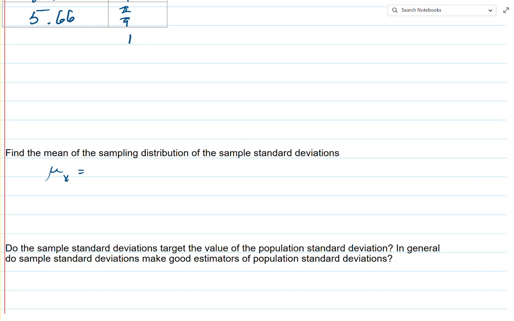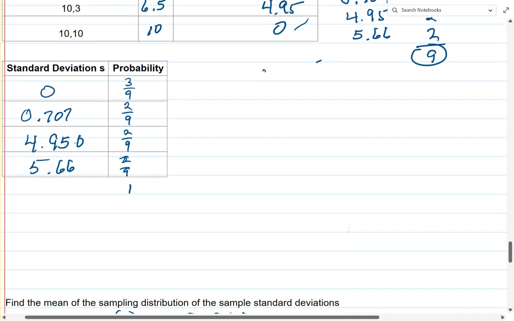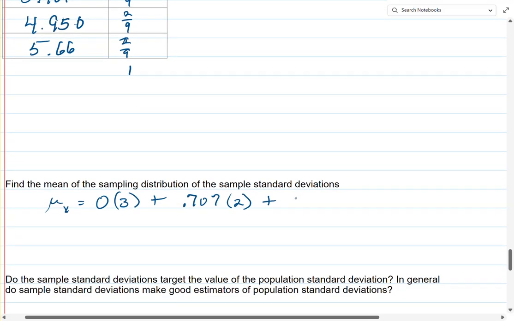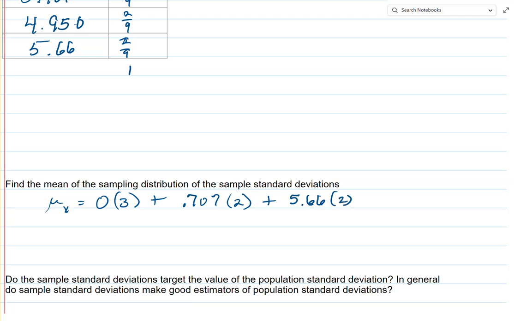And this is going to be 0 times 3 plus 0.707 times the 2 plus 5.66 times the 2. Oh, I left one out, sorry. 4.95 times the 2. And it's all divided by 9.